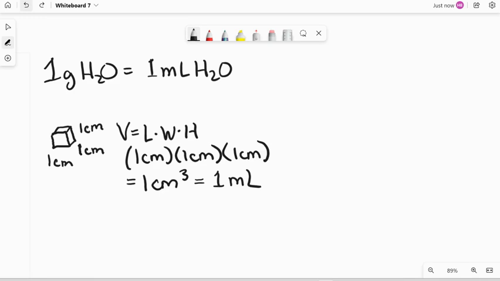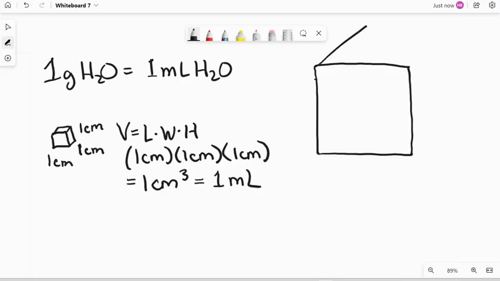I'm going to try to make it as close as I can to the size we're looking for. Next, I'm going to make a box that is on each side a decimeter.